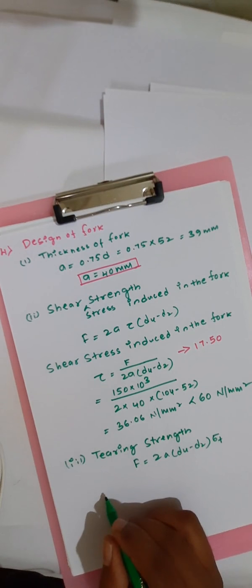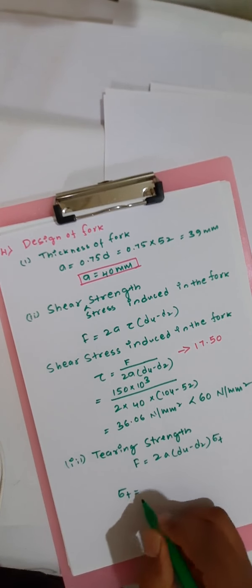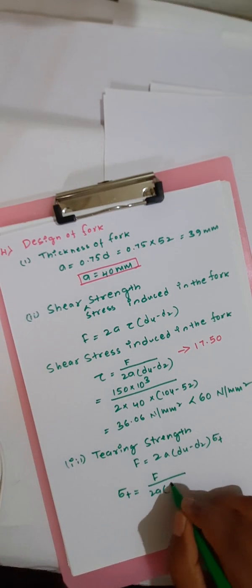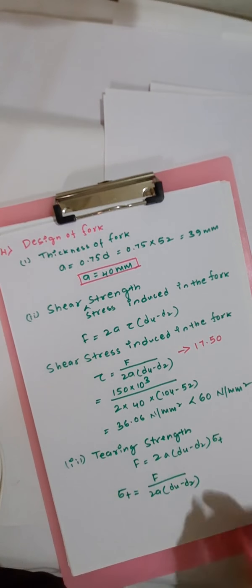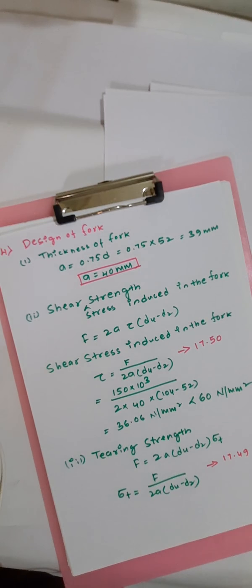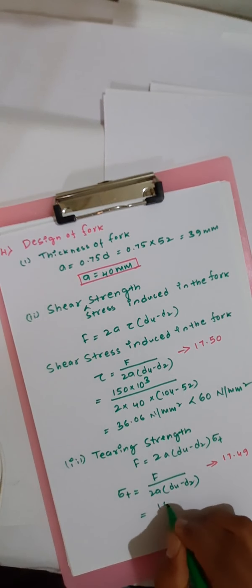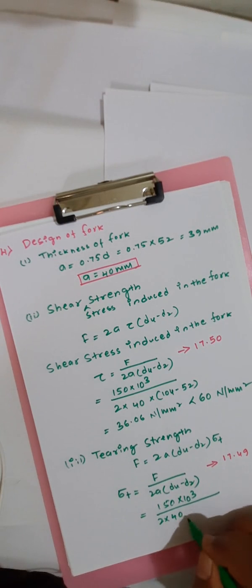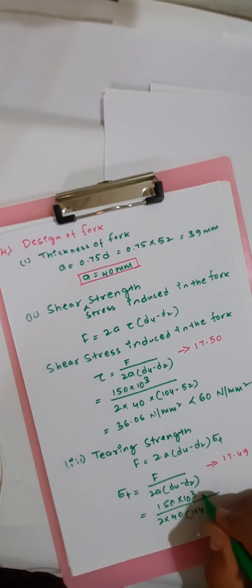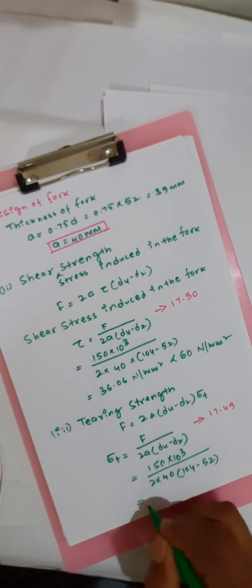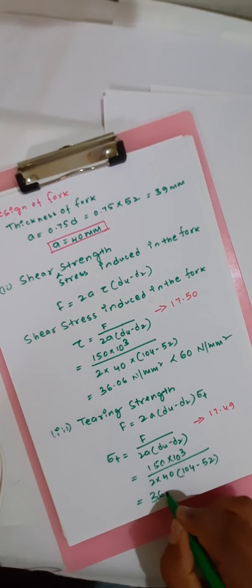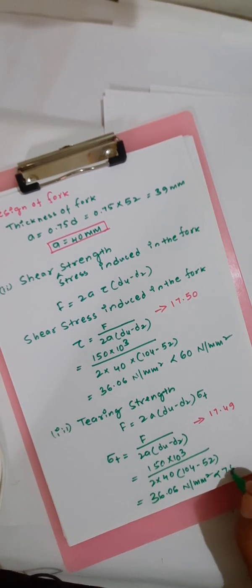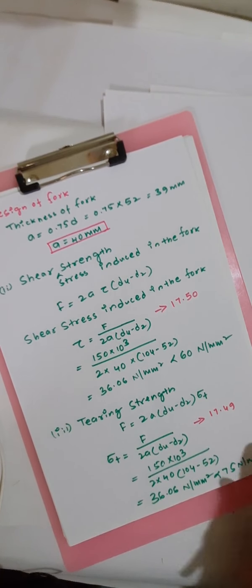The tensile stress induced in the fork is sigma t equal to F divided by 2a into (d4 minus d2), which is available in the design data handbook, 17.49. Substituting F is 150 into 10 to the power 3, divided by 2 into 40 into (104 minus 52), we get 36.06 Newton per mm square, which is also less than 75 Newton per mm square.